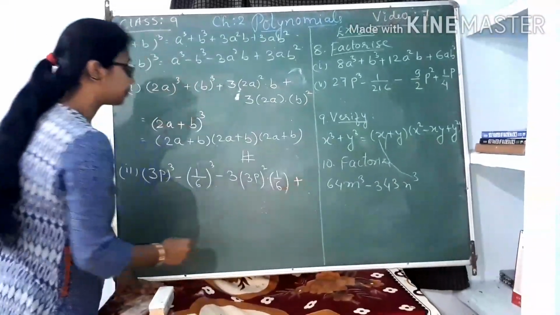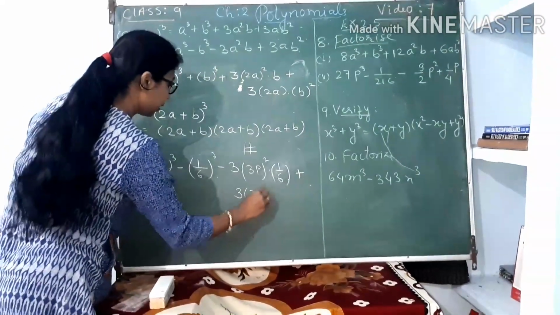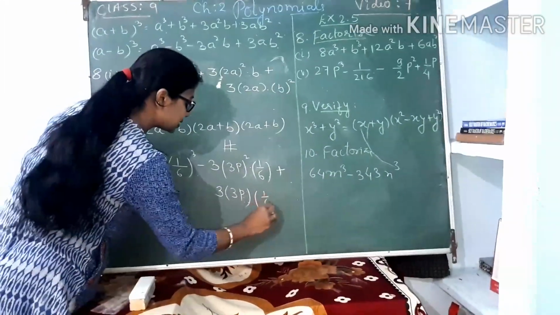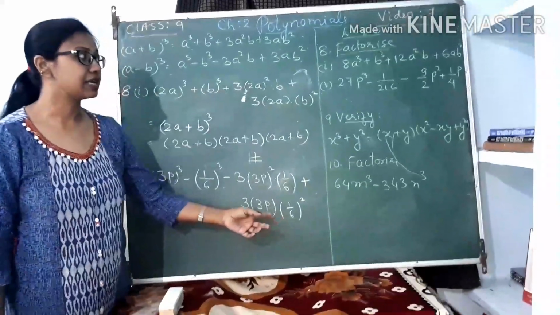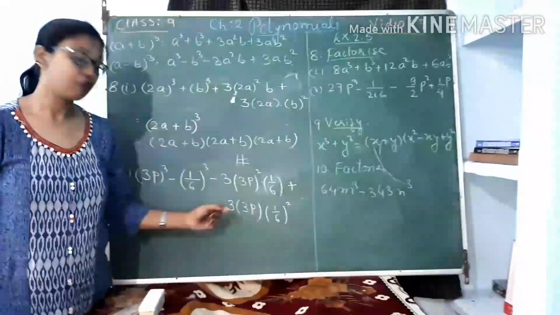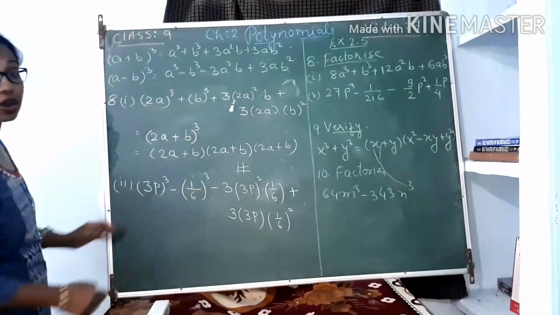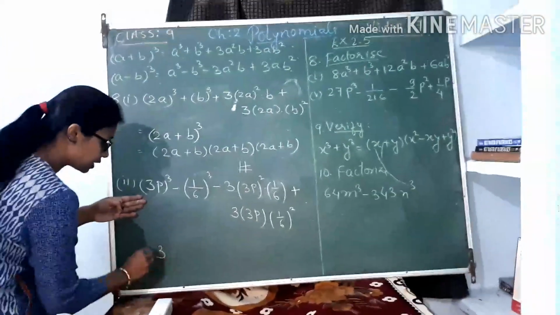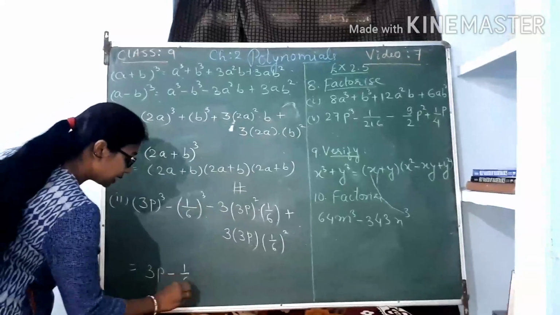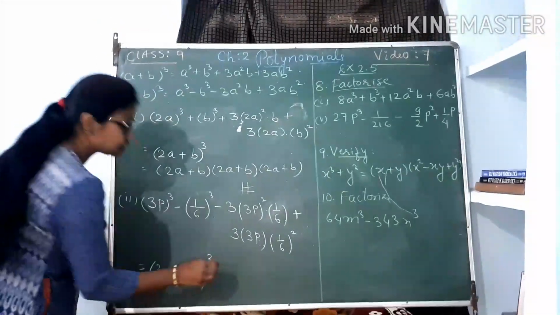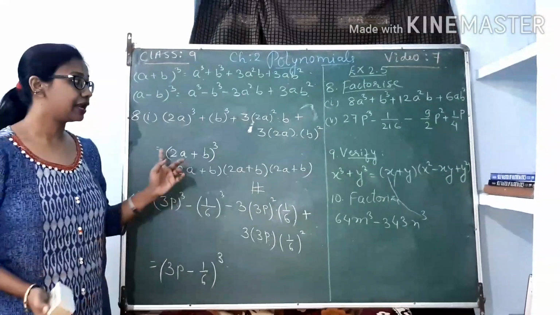The last term is plus 3ab square: 3p and b square is (1 by 6) square. Now check. 9 by 36. Yes, it is 1 by 4 p. So what is your a? If you compare, our a is 3p and b is 1 by 6. So this is your factorization completed for question number 8.